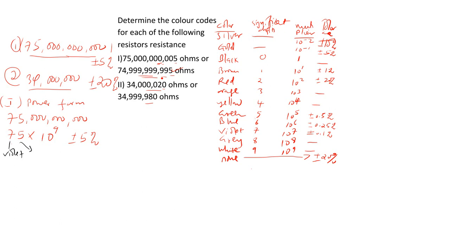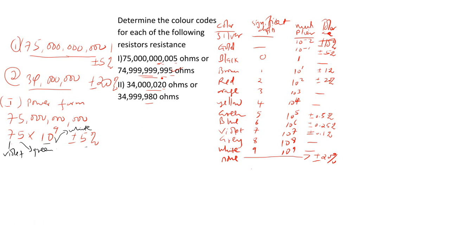So we have 5 for green. After that, the next thing is the multiplier. We don't have any other digit. The next is a multiplier. Multiplier of 9, power 9, is white. So this will be white.